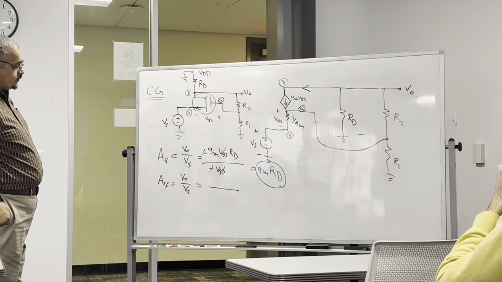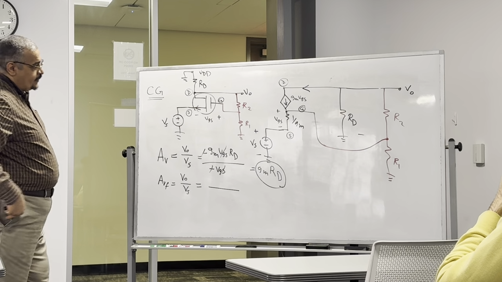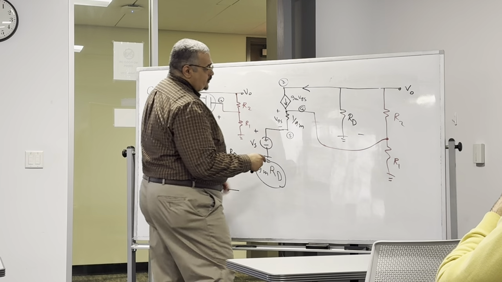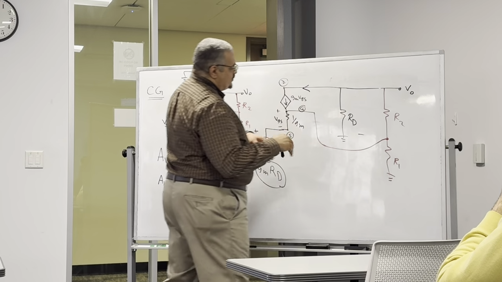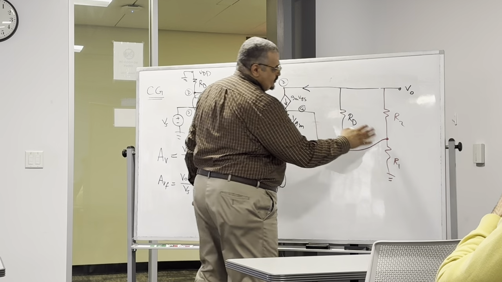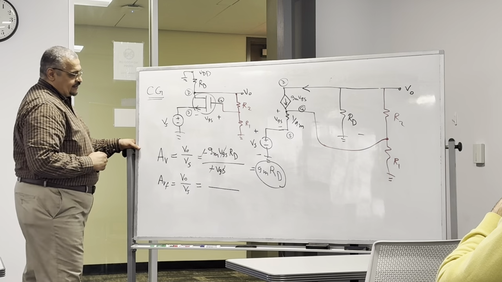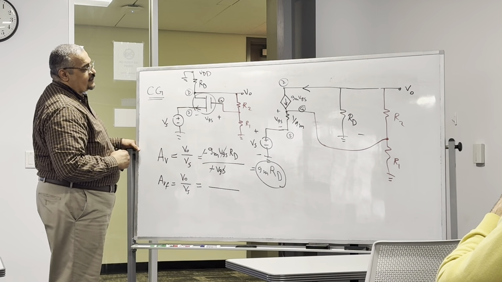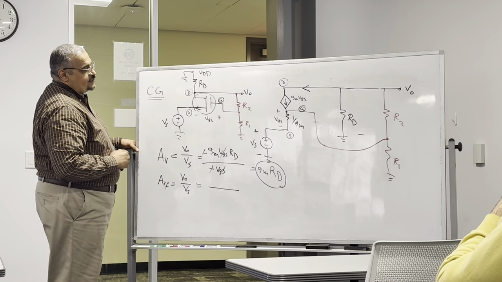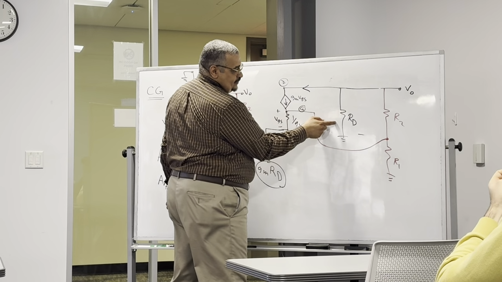Because of R2 and R1 being so much greater than RD. So let's assume that we are not assuming R1 and R2 are very large. Let's assume that they are close to RD. What do you think? R1 plus R2. So this current now is not passing through RD only, right?